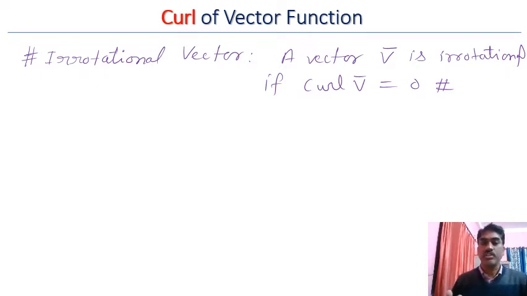is called irrotational. So in the last example we saw that curl of grad phi is always 0. So relate these two things.